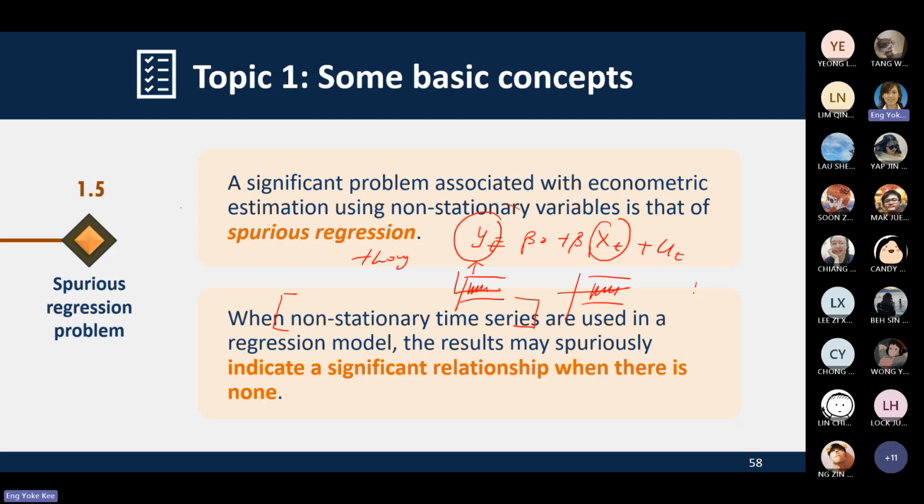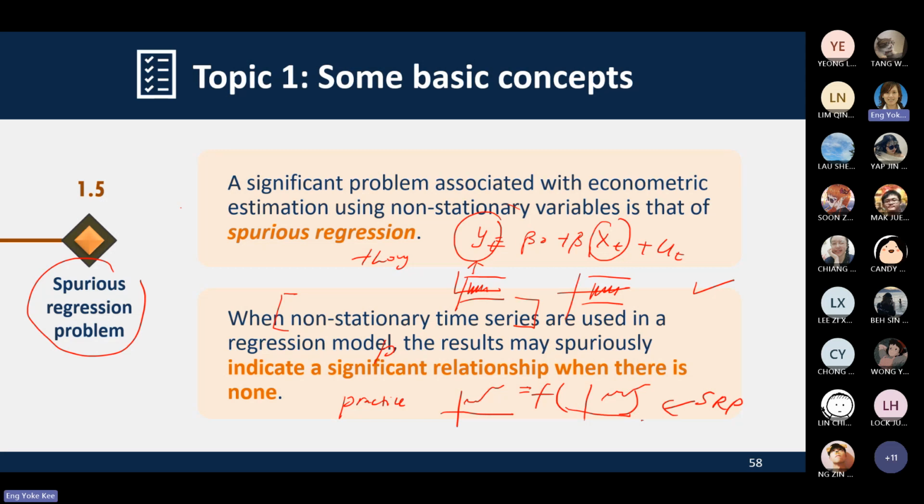Theory says at best it must be like this. But unfortunately, in practice, we don't see these things. Violation of assumption normally gives rise to problems. So your y is non-stationary, and your x is non-stationary. When you regress a non-stationary series on another non-stationary series, you give rise to what we call the spurious regression problem.